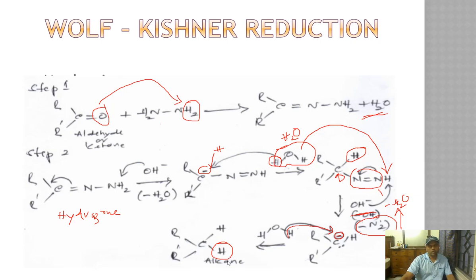So that is the protonation of that. So thereby you are going to get the alkane. So this is how you get alkane from aldehyde or ketone.